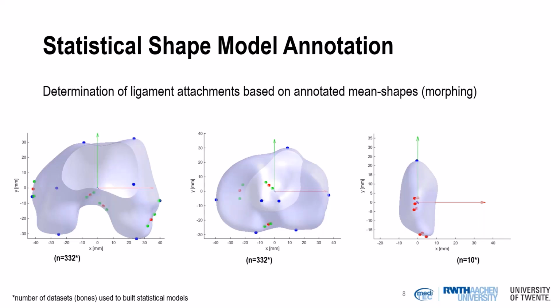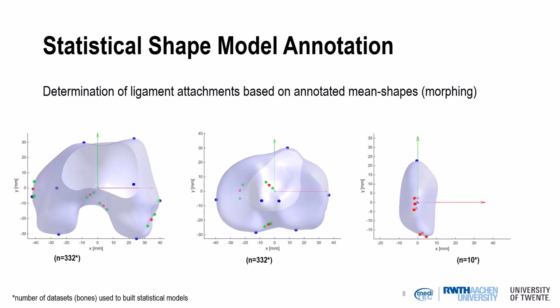Of course, I cannot cover the entire process of the modeling, but I would just like to pick a few aspects. And one of them is the annotated statistical shape modeling. So we have been provided with segmented knee data from an industrial partner, which we used to calculate statistical shape models. So approximately 300 data sets of the femur and of the tibia. And for the patella, we used the data from a different study.